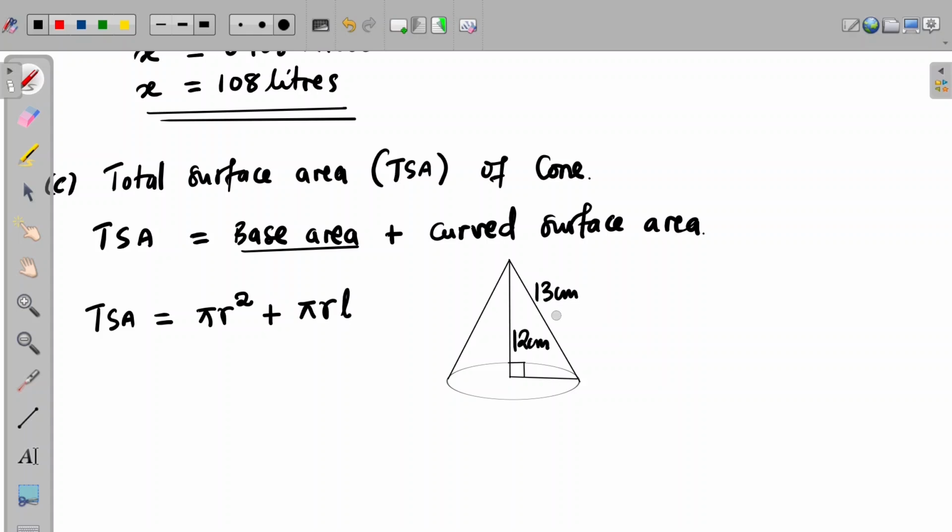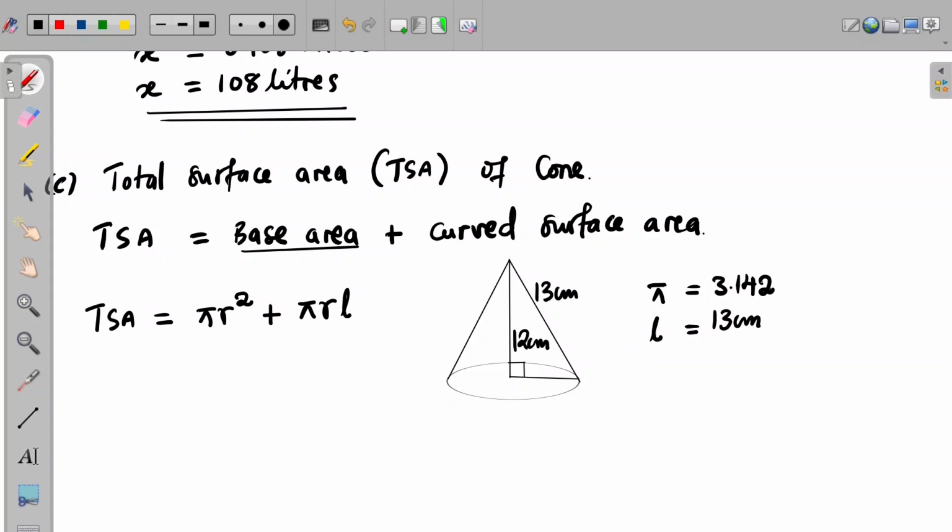When we look at what we have been provided, we are given pi as 3.142.